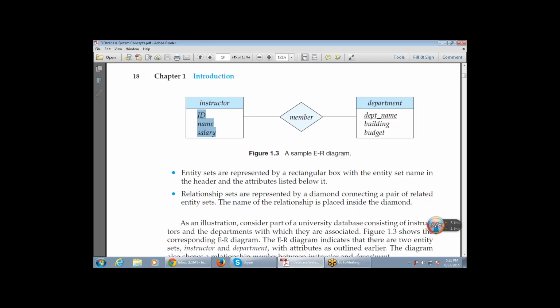These are the various attributes of the entity set. In the same way, the department is also an entity, and its attributes are listed below its header.